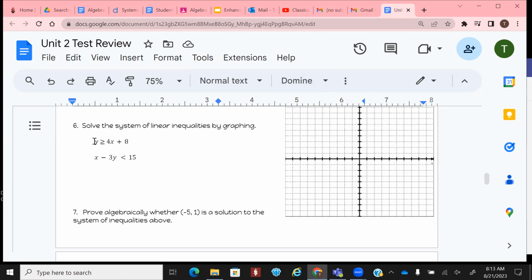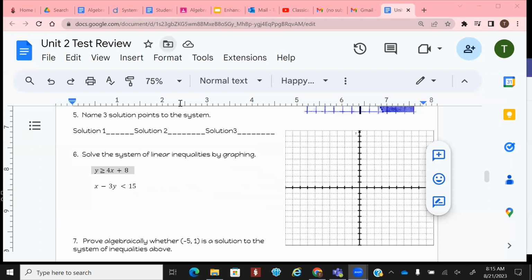Go ahead and take a moment and graph this first one. Then we have to rewrite the other one in y = mx + b format. So I'm first going to make sure that this is in y = mx + b form. It is. So now I'm going to put my y-intercept. 1, 2, 3, 4, 5, 6, 7, 8.